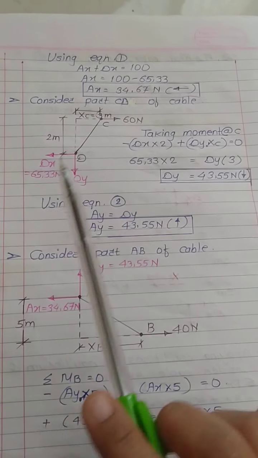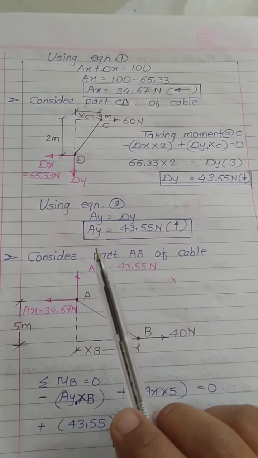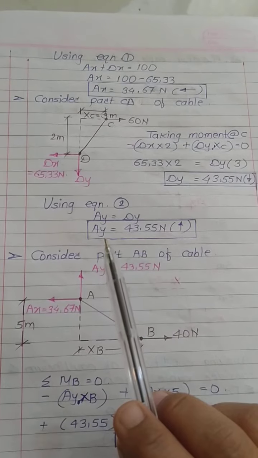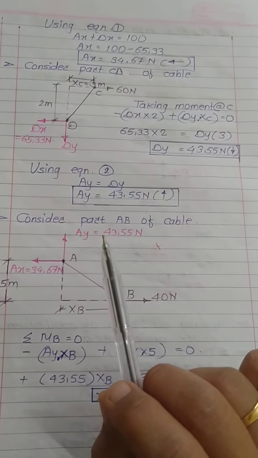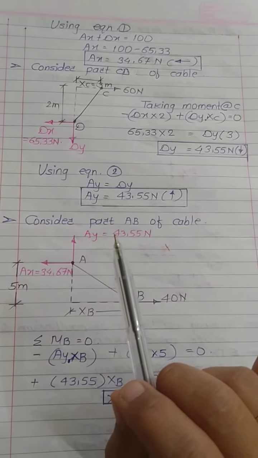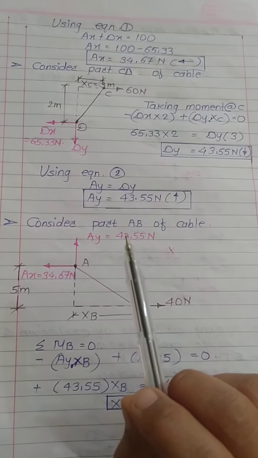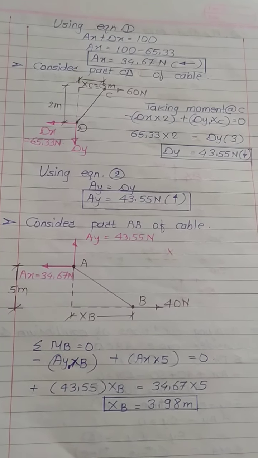Now next part we have to find values of ay and dy, and for this we have to consider part of cable. Again there will be question in your mind, which part of cable you have to consider. Already I have explained, you have to consider the part of cable where sag or deflection is given to us.